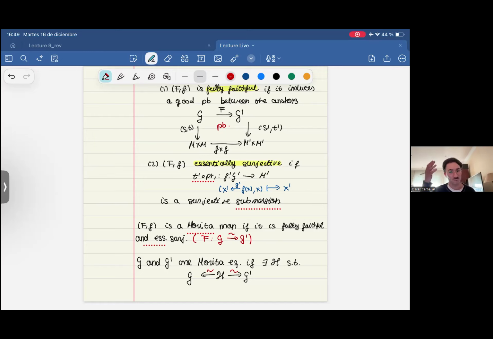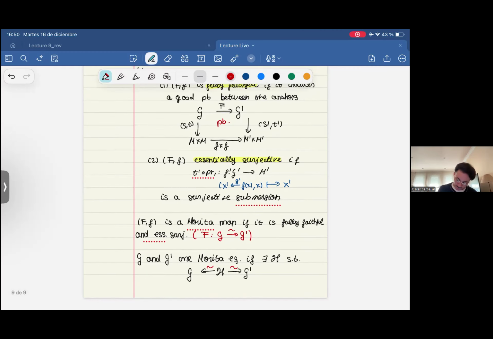So what we have to do is to replace the morphisms in our category by another kind of things which are closer to the notion of Morita equivalence than arbitrary morphisms of Lie groupoids. So it is somehow a categorical problem, right?